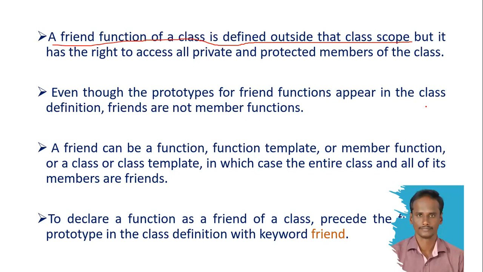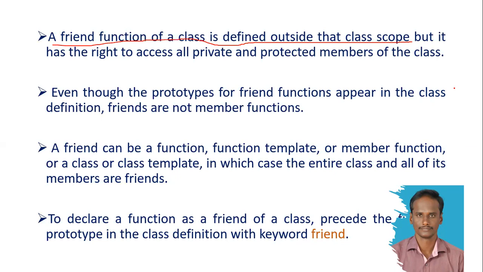We know very well from the previous lecture on classes and objects that whatever function or data member we define inside the class is called a member of the class. If it is data, we call it a data member.